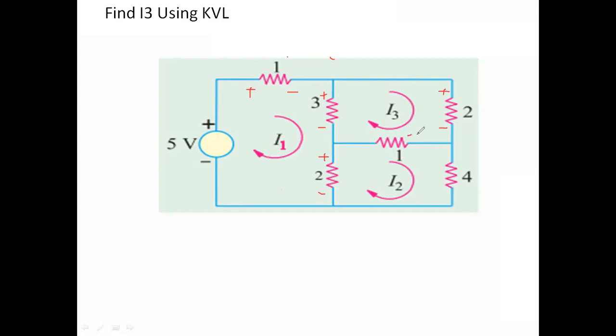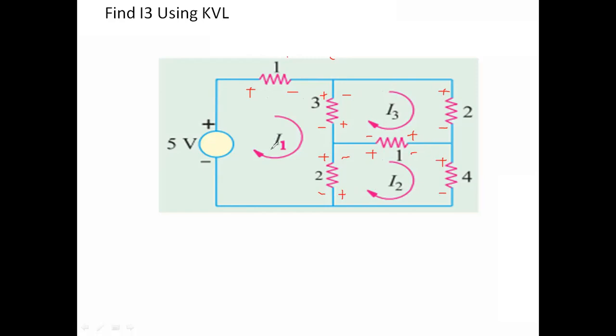For the next loop, this is plus minus, plus minus, and this is plus and minus.